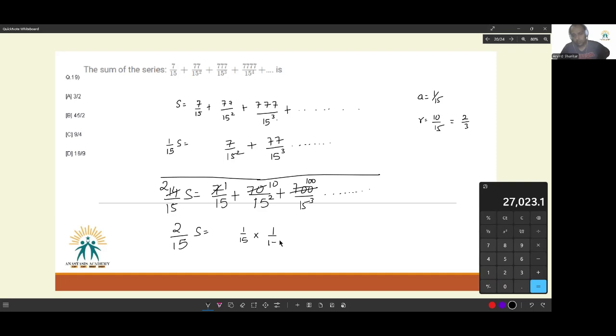So 1 minus 2 by 3 turns to 1 by 3. This 15 and this 15 will go away, which gives us S is equal to 1 by 2 into 3, or S is equal to 3 by 2, so option A is the right answer.